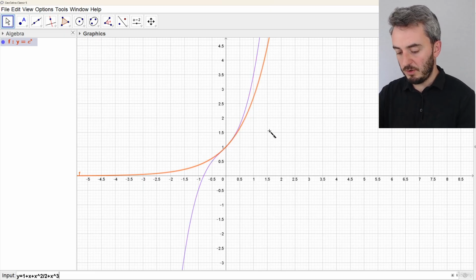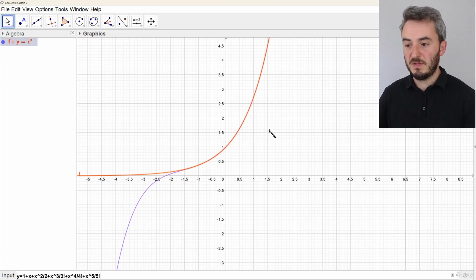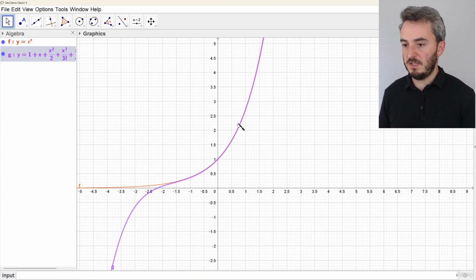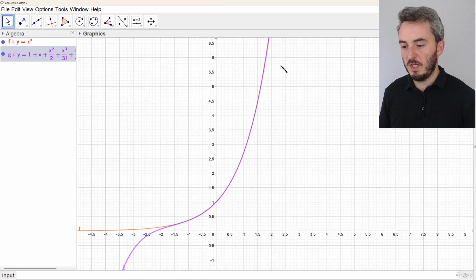Plus x cubed over 3 factorial, plus x to the 4 over 4 factorial, plus x to the 5 over 5 factorial, and so on. And you can see that our polynomial is sticking to e to the x for longer and longer. It just trails away here quite quickly, but over on this side, it really does stick to it really well.